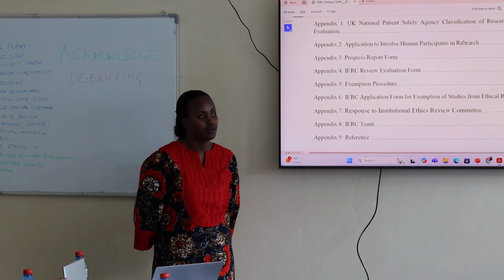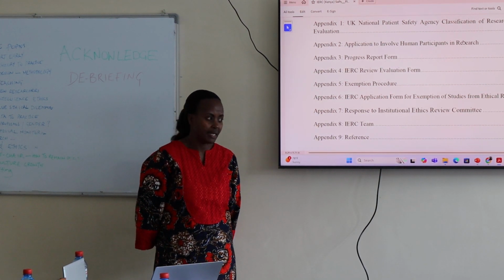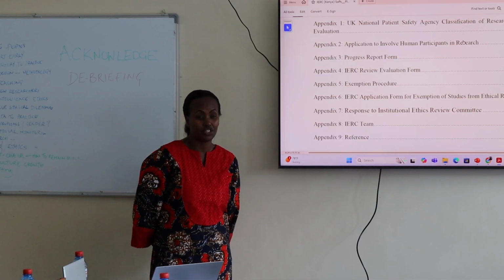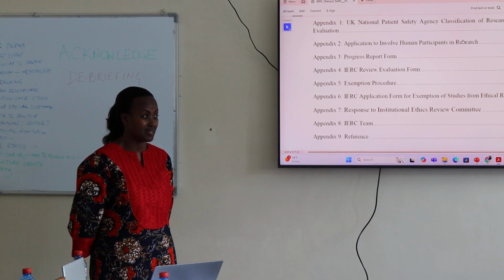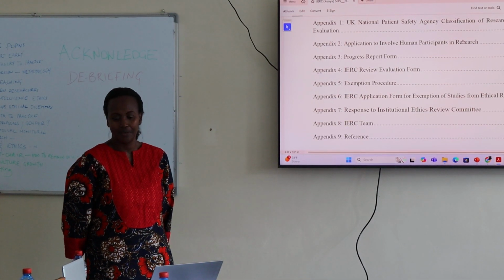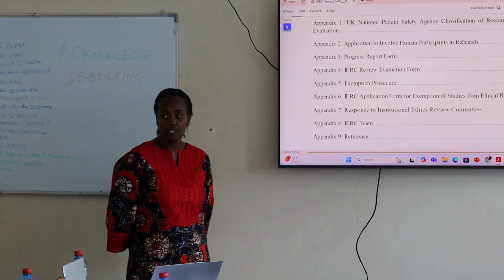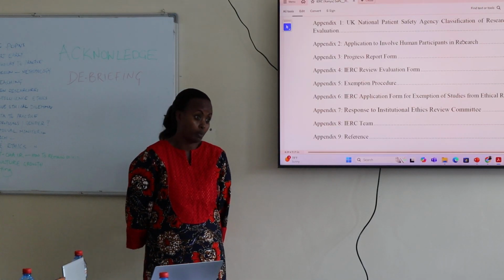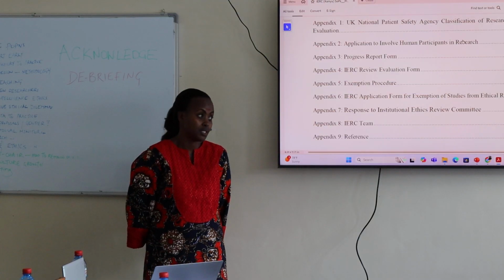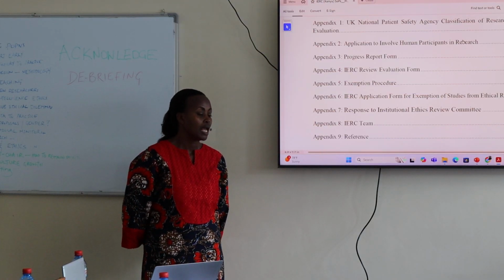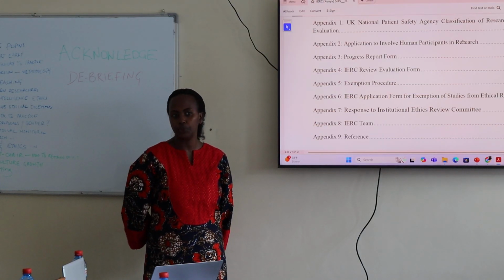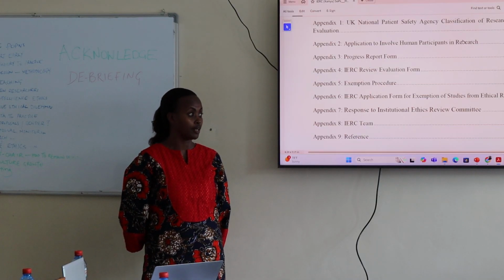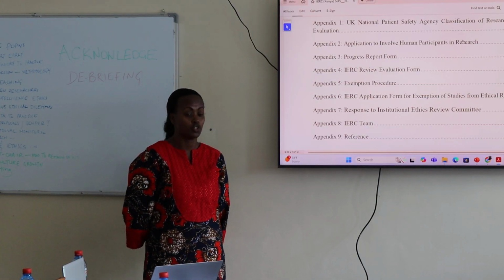But for the visits, we rarely have one person going, and the chair is very involved, though they are so busy, but maybe here it might be possible. There will always be someone from the secretariat, or two people from the secretariat, and then one person from the committee can be there. If someone is going to visit a PI who's doing a clinical trial, don't send the social scientists.